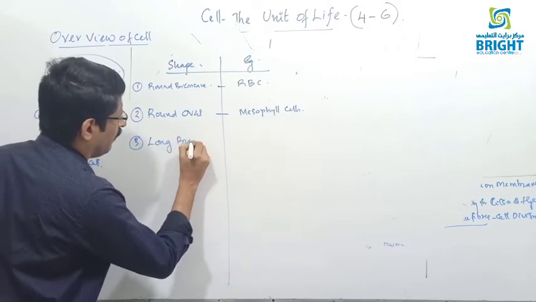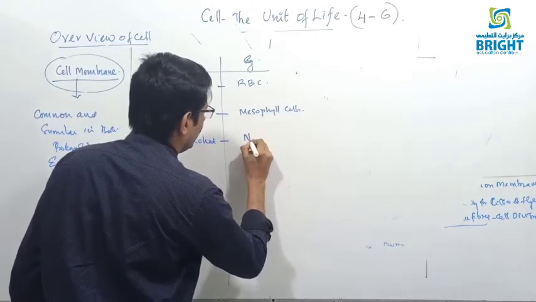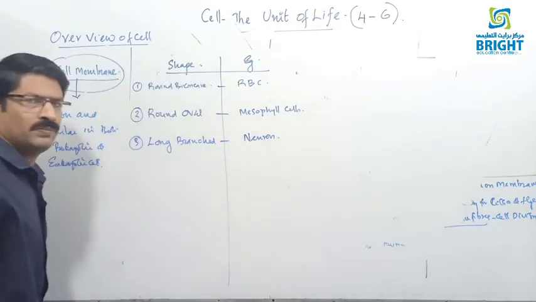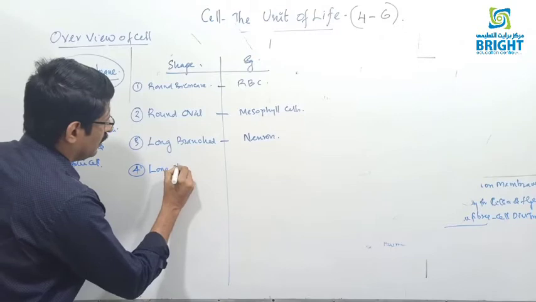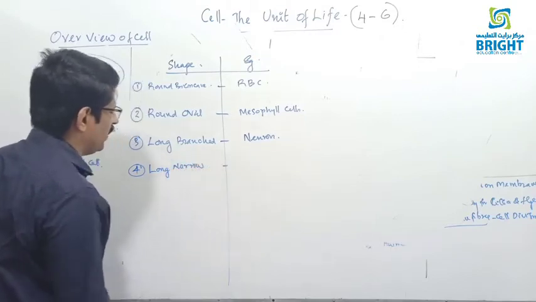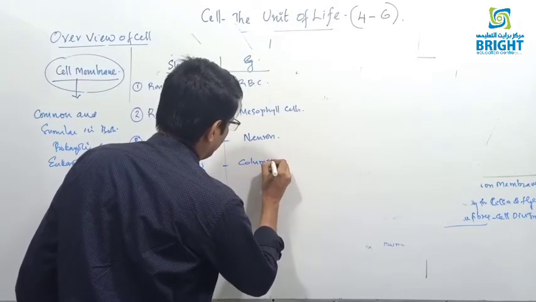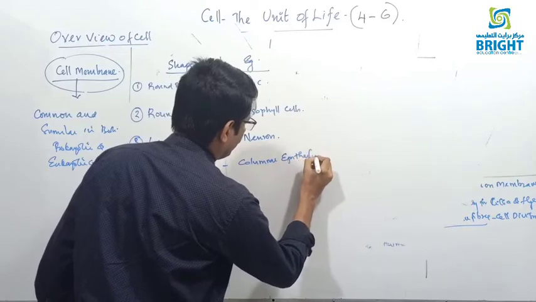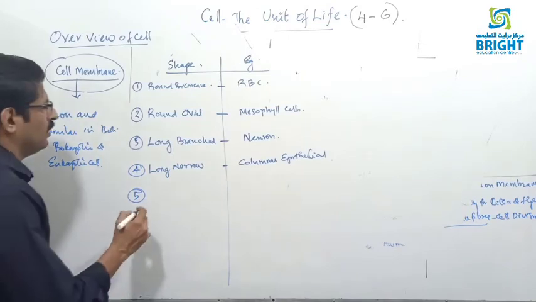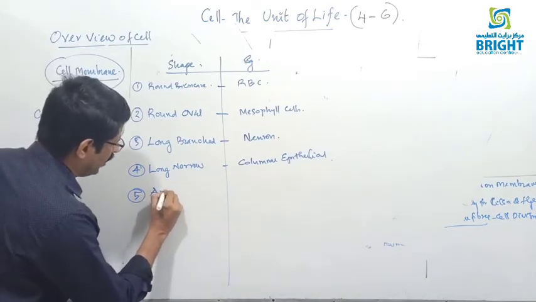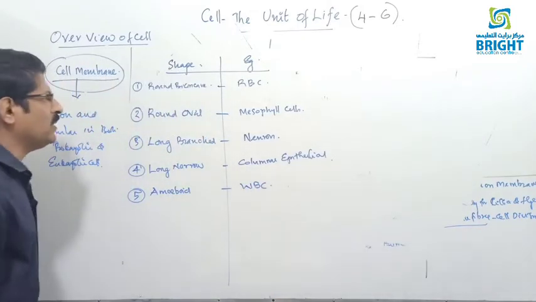The third is long branched cell, represented by neuron or nerve cell, and the fourth one is long narrow cell, represented by columnar epithelial cell, and the fifth one is amoeboid cell, represented by WBC.